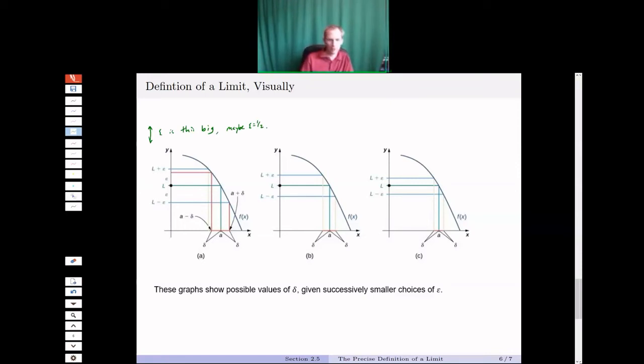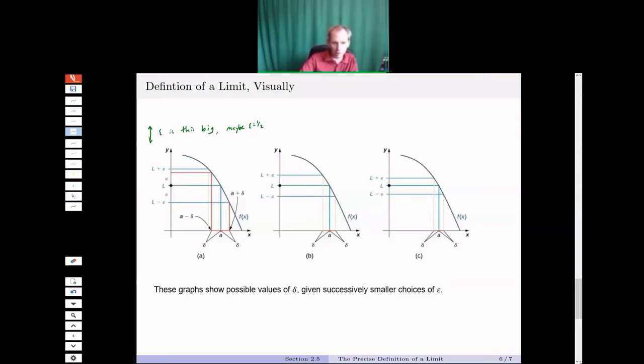Think of rounding to the nearest whole number. So what we want to do is ask, are my y values getting close to L, where close means within 1/2 of L? Then we say that means we have to pick x values that are close to a. So we find a number delta, a closeness to a, based on that flexibility of 1/2.